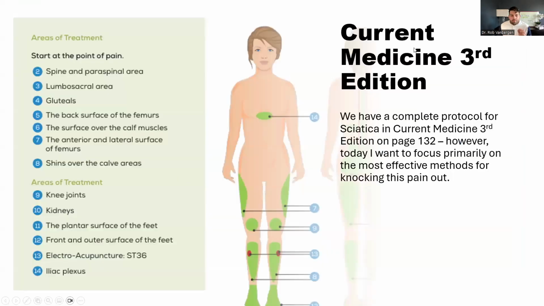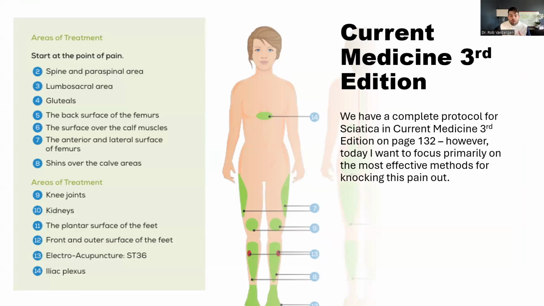Now, we do have a complete and very extensive protocol in Current Medicine 3rd edition. It's located on page 132 for those of you that have a copy and want to look at this protocol. However, today I'm going to focus primarily on the most effective methods for knocking this pain out. This protocol here, the extensive one, you'll see it's got a lot of different steps.